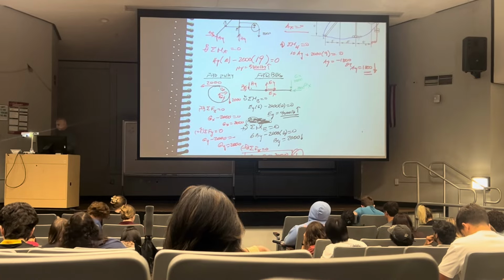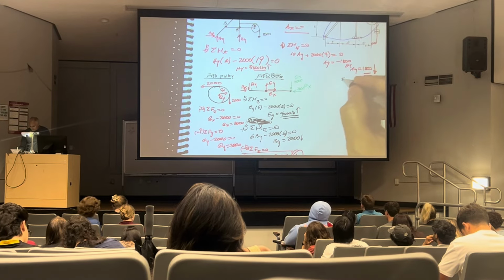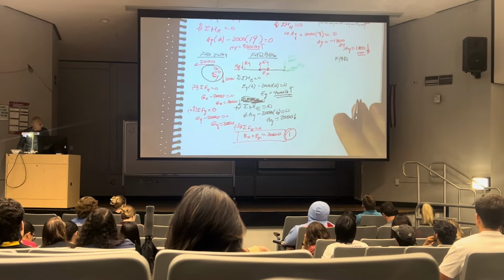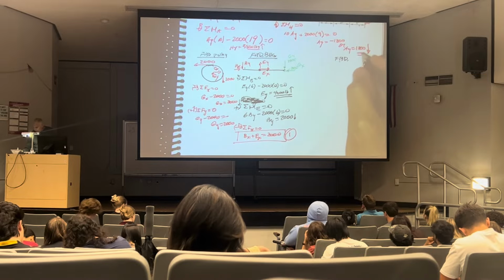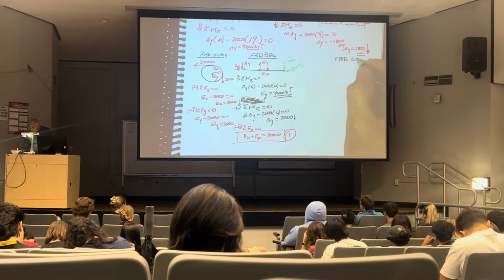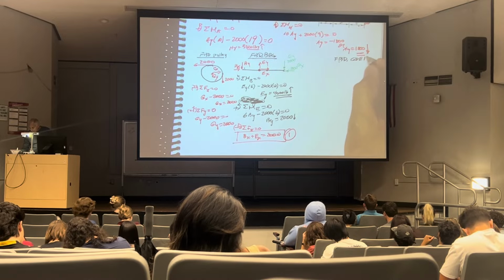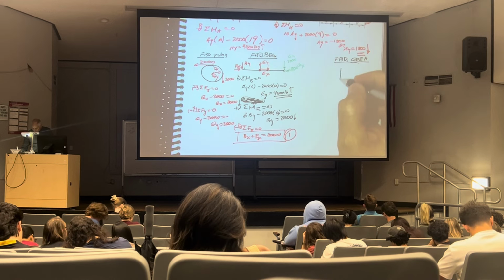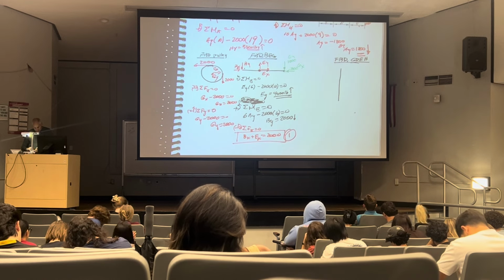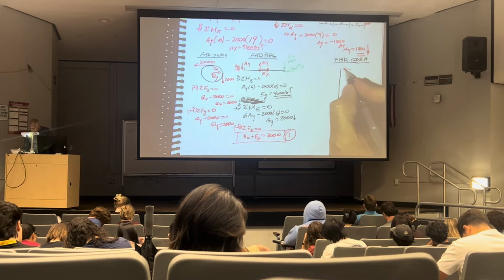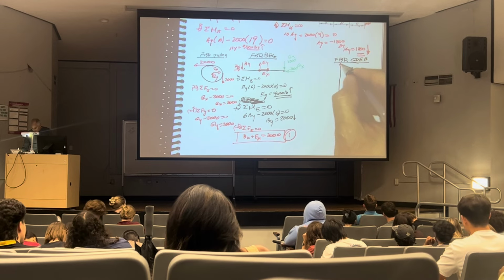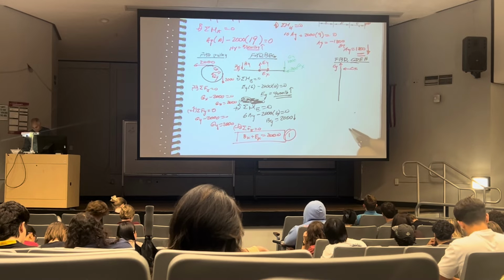So next, I'm going to draw a free body diagram of C, D, E, H. So this is this vertical member. I'm going to have a CX from that pin. I'm going to have a CY from that pin.